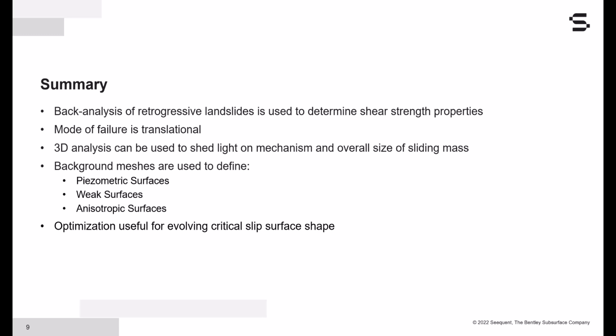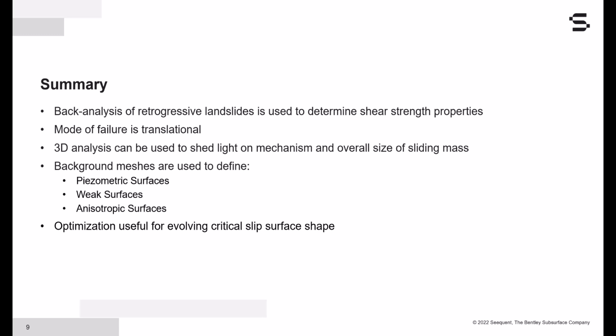In this webinar, we demonstrated how background meshes are used in Slope 3D to define piezometric surfaces, weak surfaces, and anisotropic surfaces. Weak surfaces impose a direct control on the shape of the ellipsoid slip surface in both 2D and 3D, truncating the slip surface at the contact.